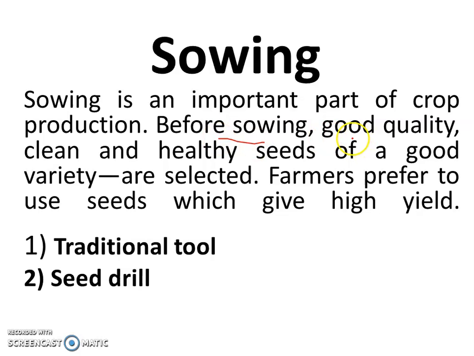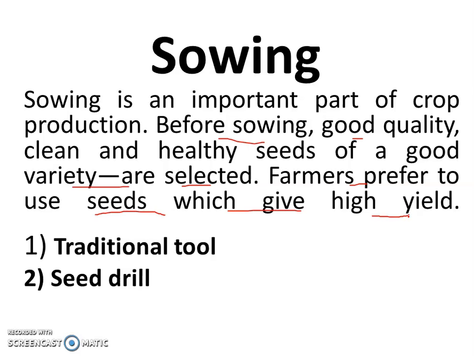Before sowing, good quality, clean and healthy seeds of good variety are to be selected. The seed should be healthy and of good quality. If the seed is of good quality, then the crop will also be healthy. Farmers prefer to use seeds which give high yield.